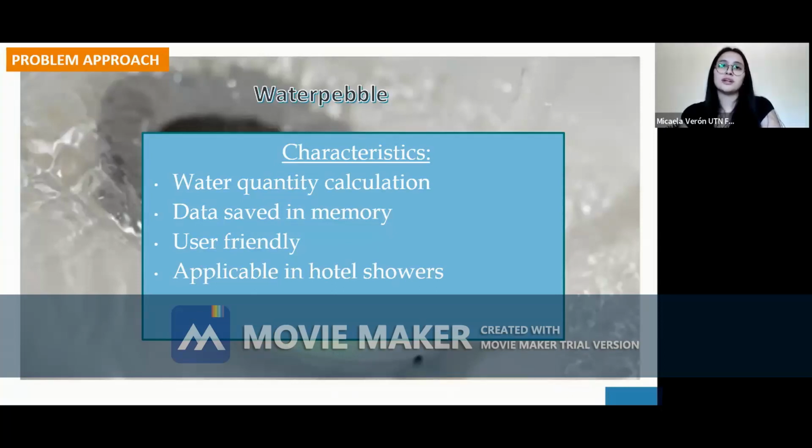It is a user-friendly device because it uses colors to warn the user. For example, green means that the consumption remains within the limits, and red means that the user exceeds the limits and needs to reduce their consumption.